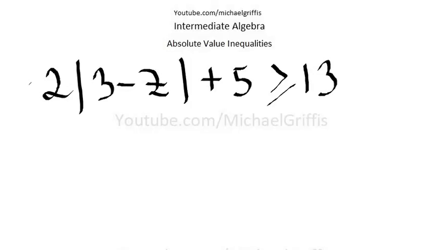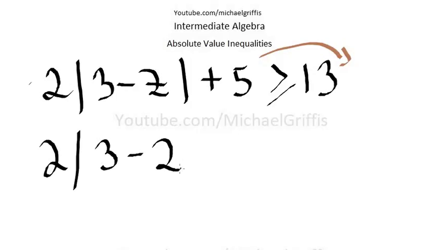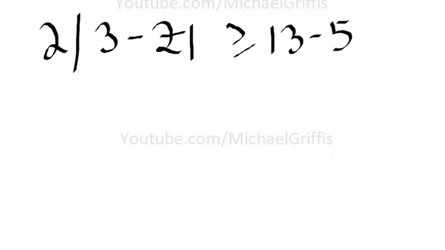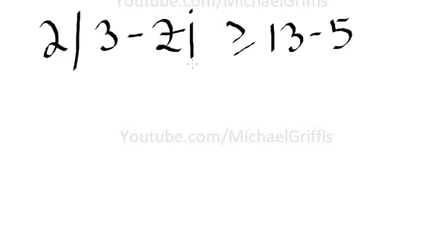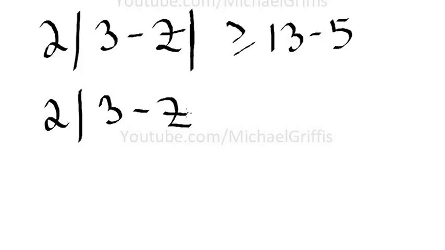All right, first thing we're going to do is take this 5 over to the right, or let's say we are subtracting 5 from both sides. So 13 minus 5 is 8.